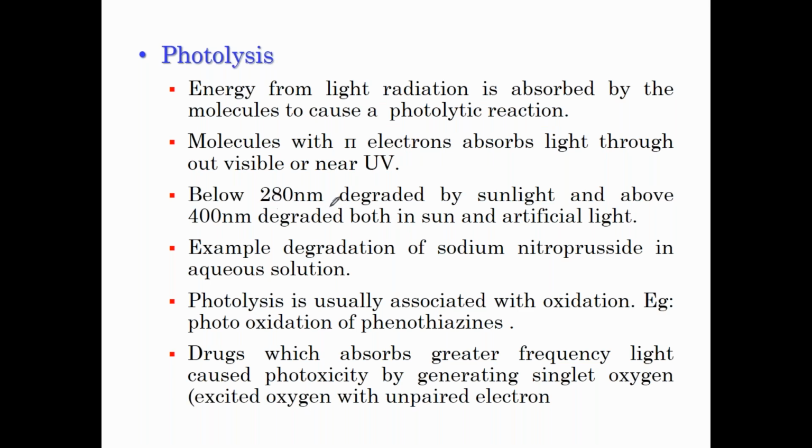Below 280 nanometer, drugs are degraded by the sunlight, and above 400 nanometer, degraded both in the sun and the artificial light. So these are the nanometer ranges which cause the degradation of the drug molecule.